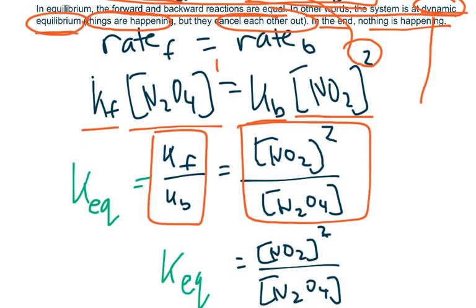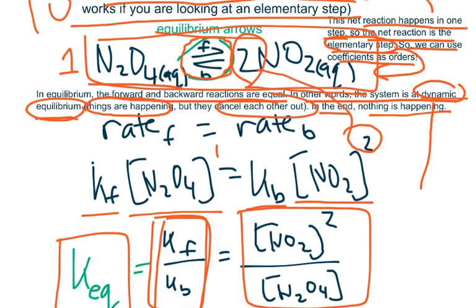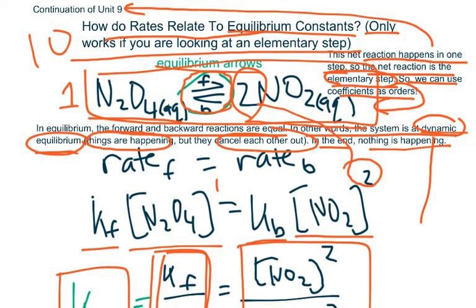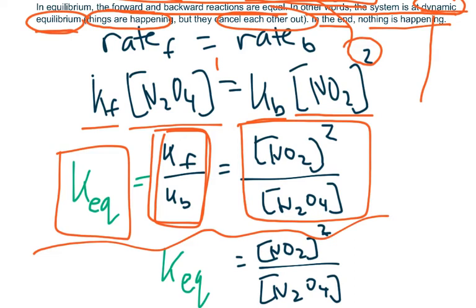And when you combine these two Ks into one K, it is called the equilibrium constant. So, for net reactions that happen in one step, in other words, the net reaction is the elementary step, we can find a relationship between the equilibrium constant and the rate constant.